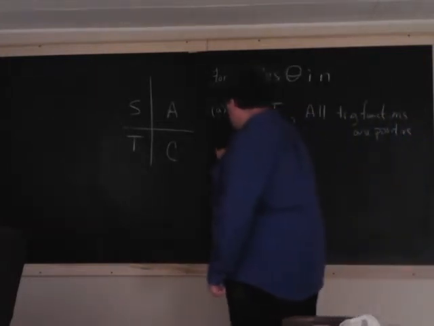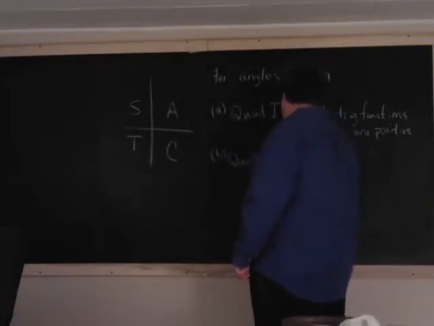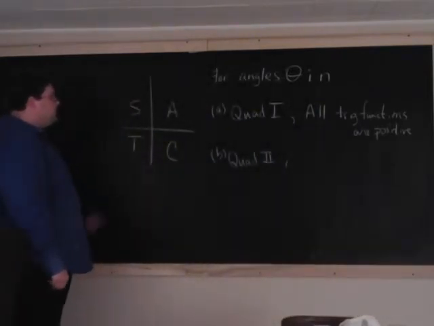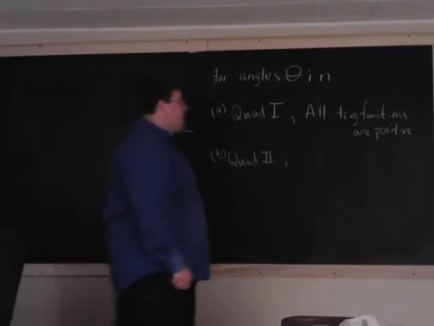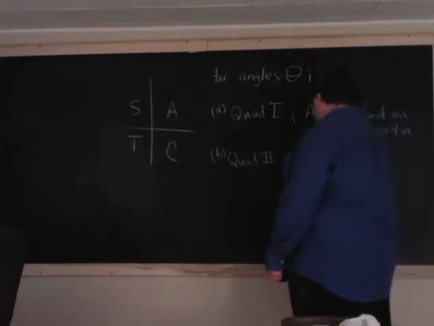Okay? What about quadrant 2? What does that S mean? S means study. Always study trig carefully. But S also means sine here. In the second quadrant, sine is positive.